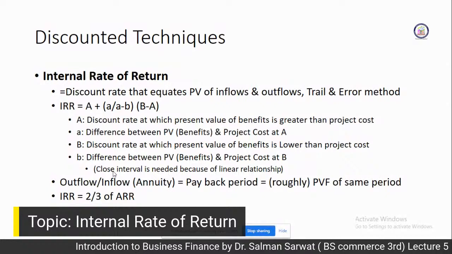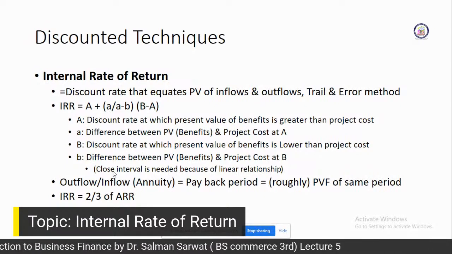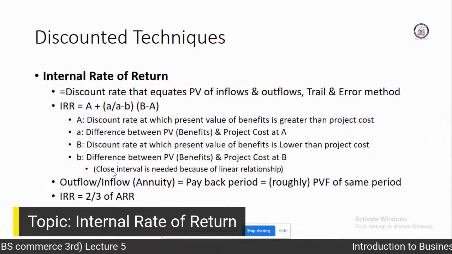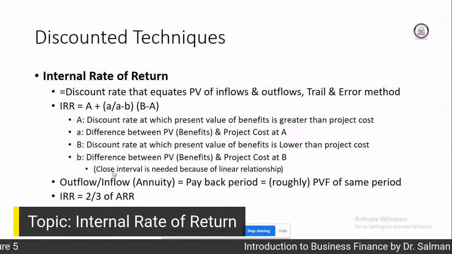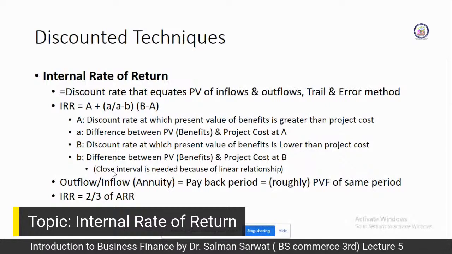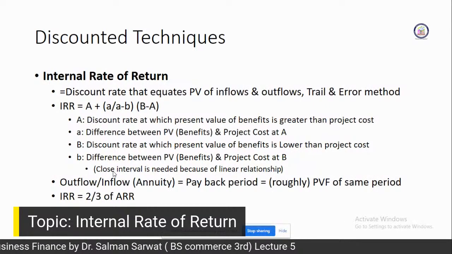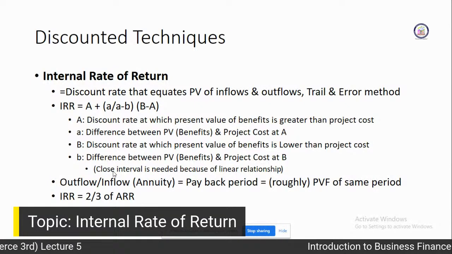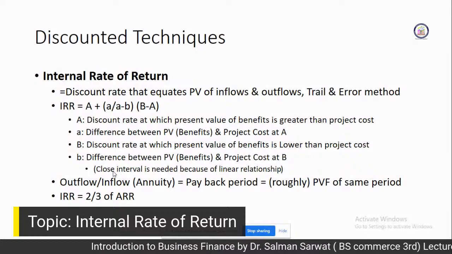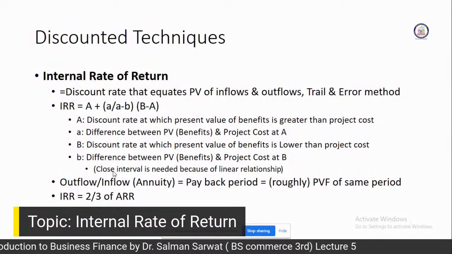Usually, outflows are occurring at time zero, so there is no need to convert those outflows into present value if the project or the asset is of conventional nature, because initially we pay cost at time zero, so it is already in present value.